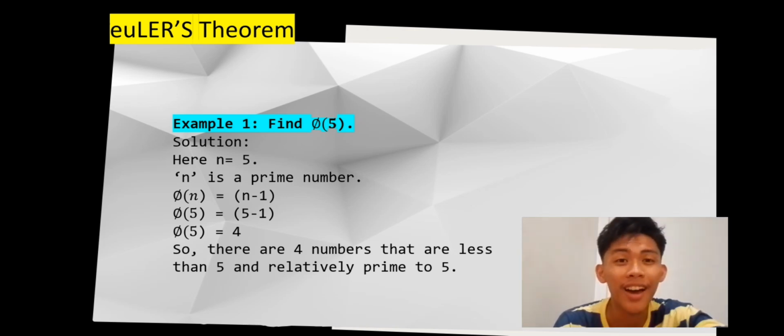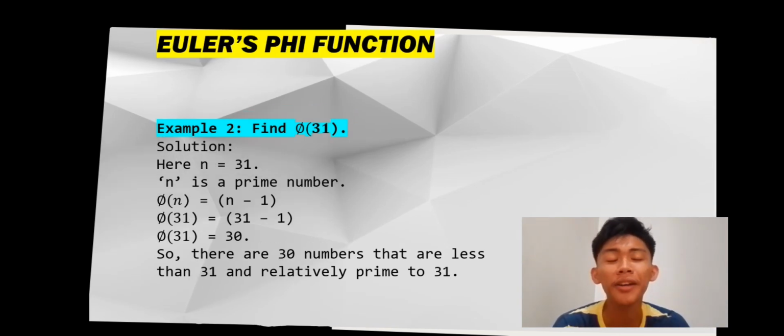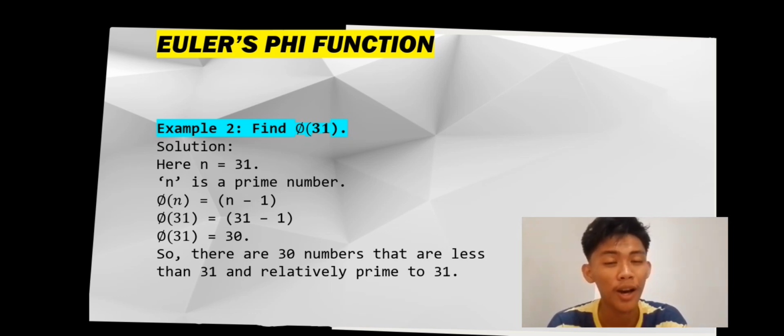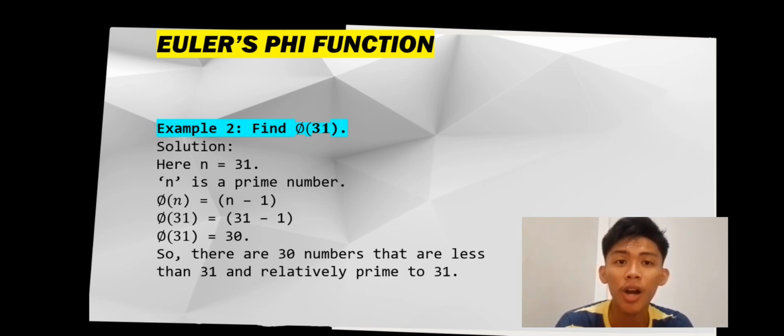Let's have another example. Find phi of 31. Our n here is 31. Since 31 is a prime number, we can use case 1 also. We substitute the given to the formula. n minus 1, where our n is 31, so now we have 31 minus 1.